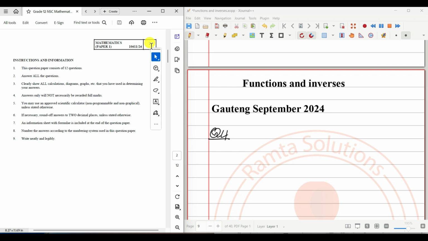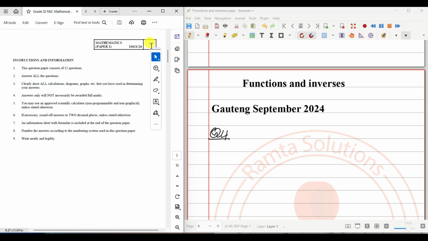Anything that you use to help you get to your answer, please show it. Instruction number 4, answers only will not necessarily be awarded full marks. Try to show how you got your answers, when necessary, of course.